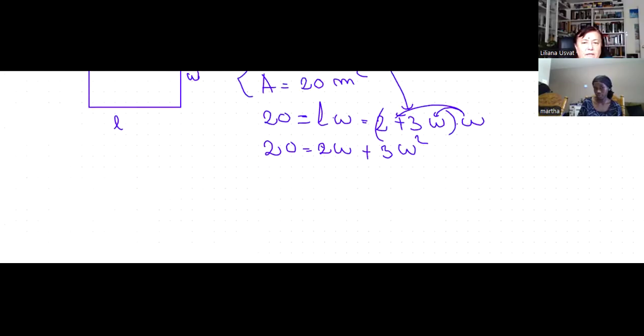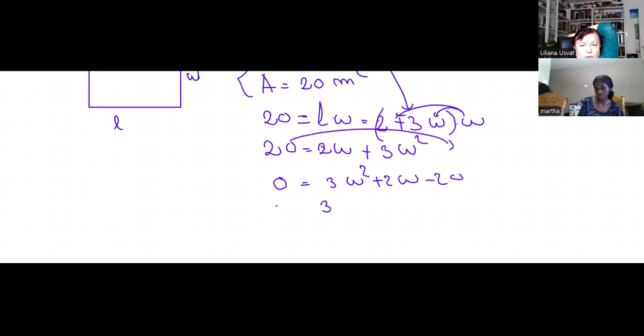So we move 20 here. 0 equal 3 width squared plus 2 width minus 20. So we can rewrite: 3 width squared plus 2 width minus 20 equal 0.